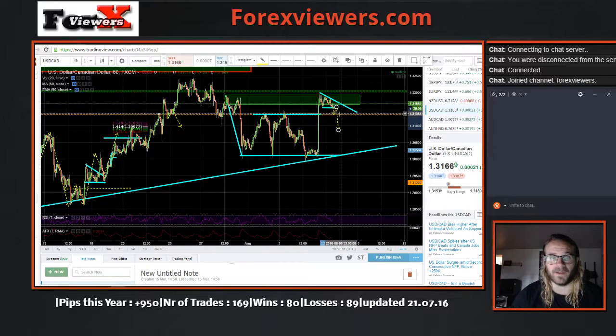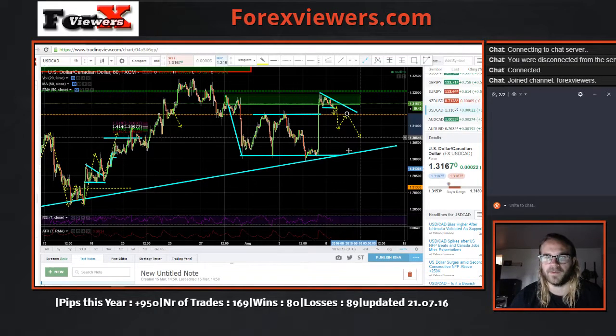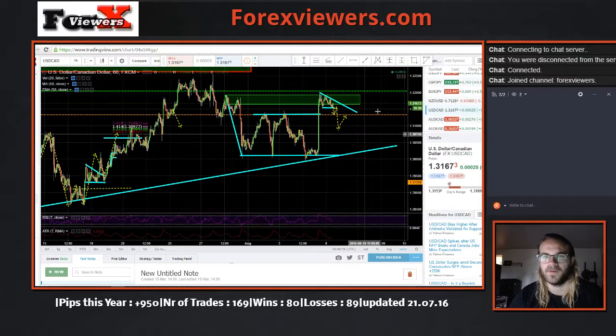I mean, if we break this guy right here and get a pullback to the upside, this would be a much better short. We could hide our stops above these highs right here. We will get a strong resistance from these levels, and I would feel comfortable shooting for targets down at the lows here.